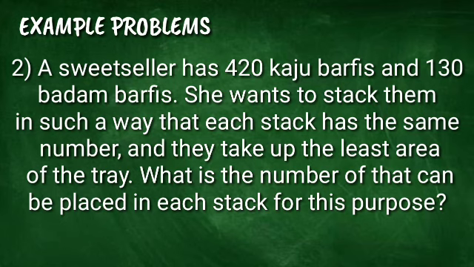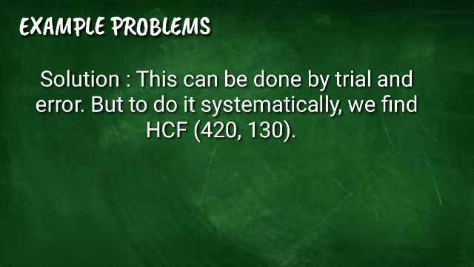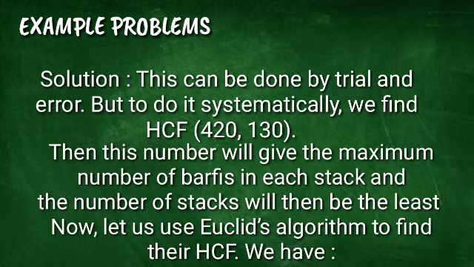Now let's go through the solution. We could find this by the trial and error method, but to do it systematically, we need to find the HCF of 420 and 130. Then this number will give the maximum number of burfis in each stack, and the number of stacks will then be the least. Now let us use the Euclid algorithm to find the HCF.